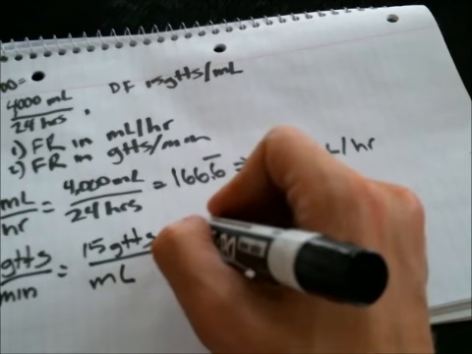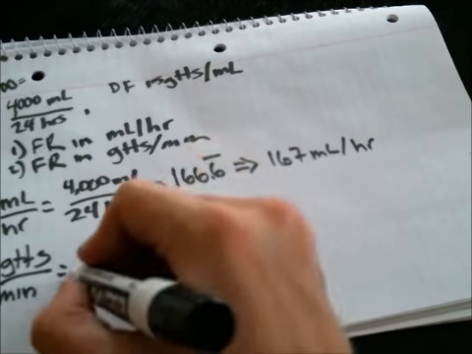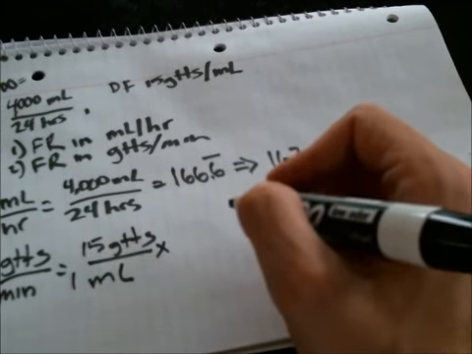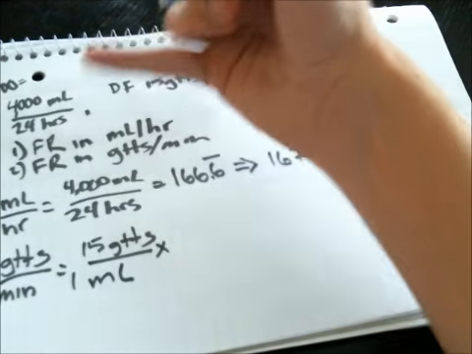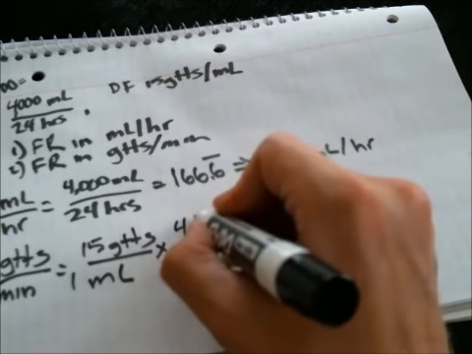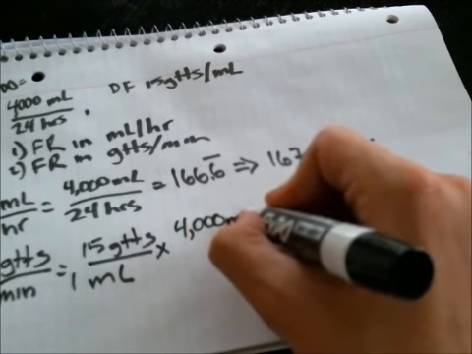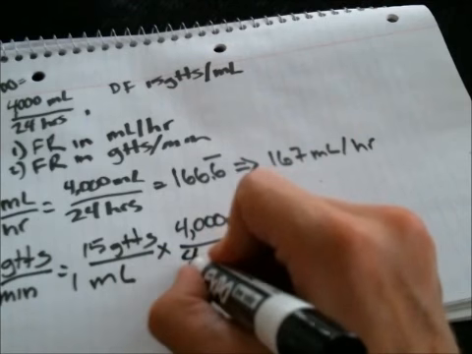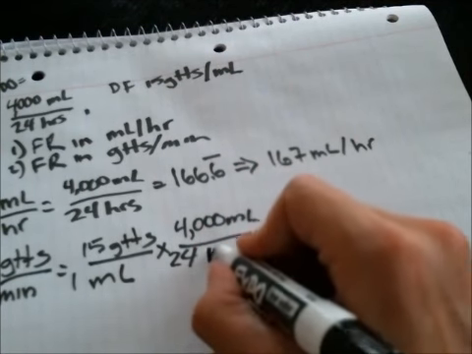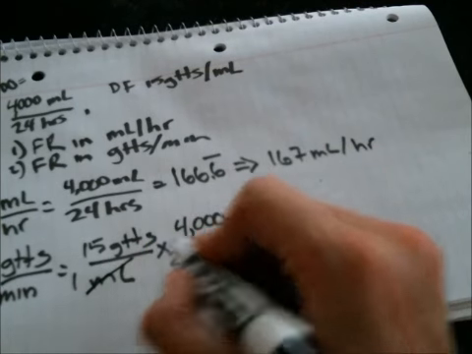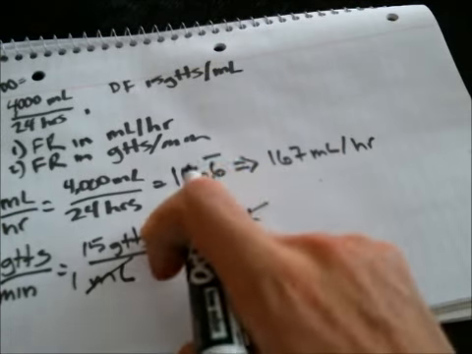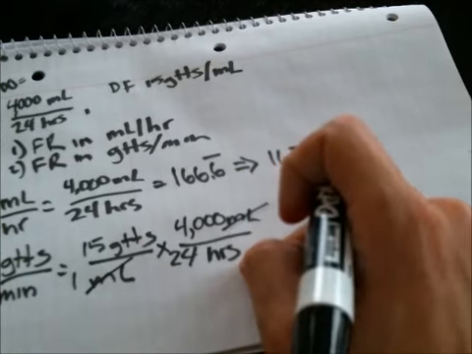And that's 1 milliliter, obviously. Since we have milliliters down here, we have another piece of information which has milliliters on top. So 4,000 milliliters over 24 hours. 24 hours is the doctor's order. Let's cancel out milliliters. And we have drops per hour.